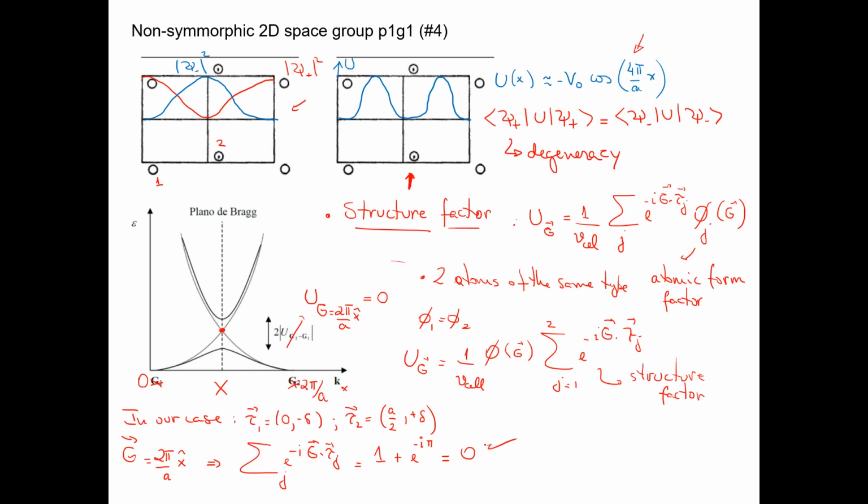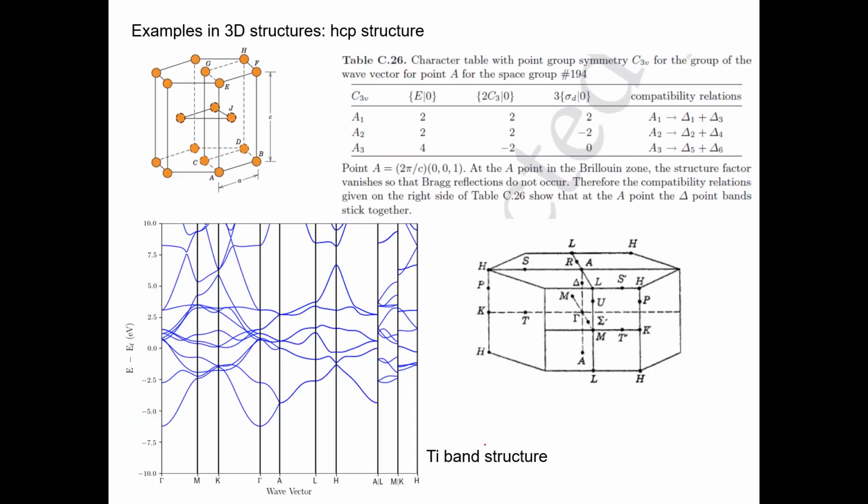Excellent. So let's see what happens in more complicated structures, for instance, in 3 dimensions. There are some important cases in 3 dimensions, very well-known cases, in which the same effect happens. One of them is in the HCP structure.